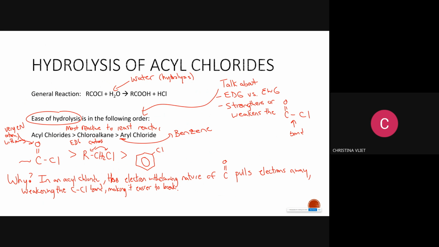So the way I would explain it: in an alkyl chloride, because the R group is electron donating, the C-Cl bond is strengthened, which makes it harder to break and less reactive.